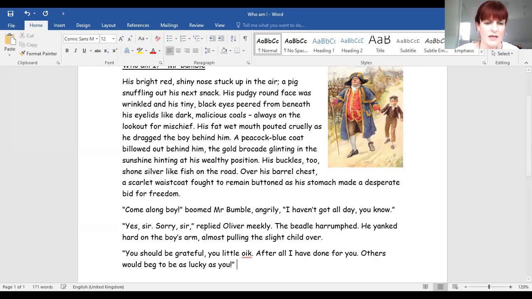And then I'm just going to keep this here. Mr. Bumble pressed his hands together in a smug way. Then I'm going to keep him talking.